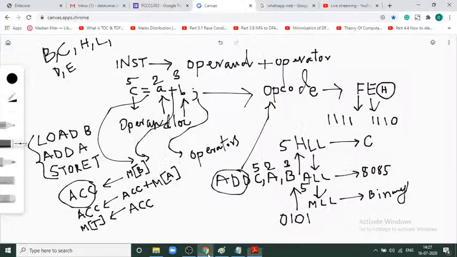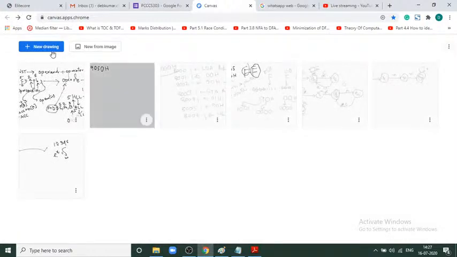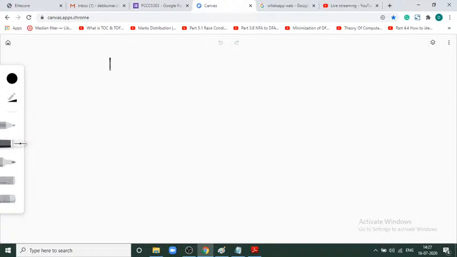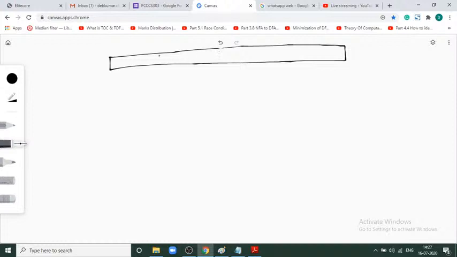Let me explain with the help of an example. So this is the first field, which is the opcode field. Our second field name is the mode field.